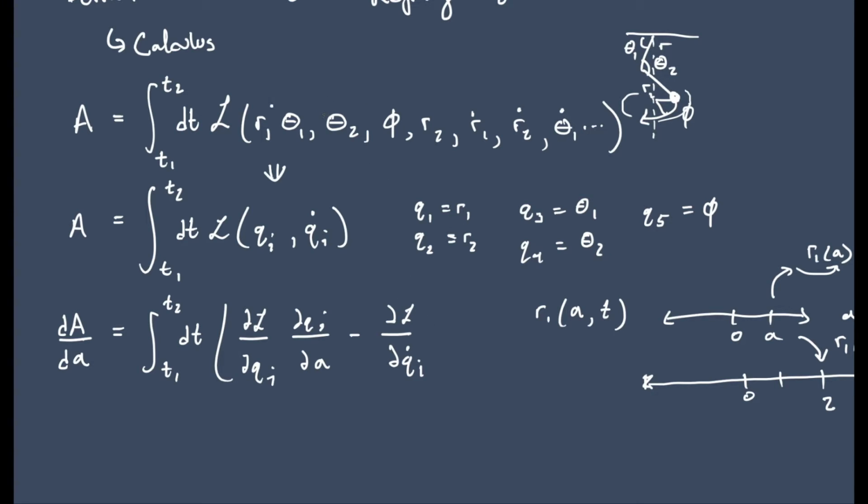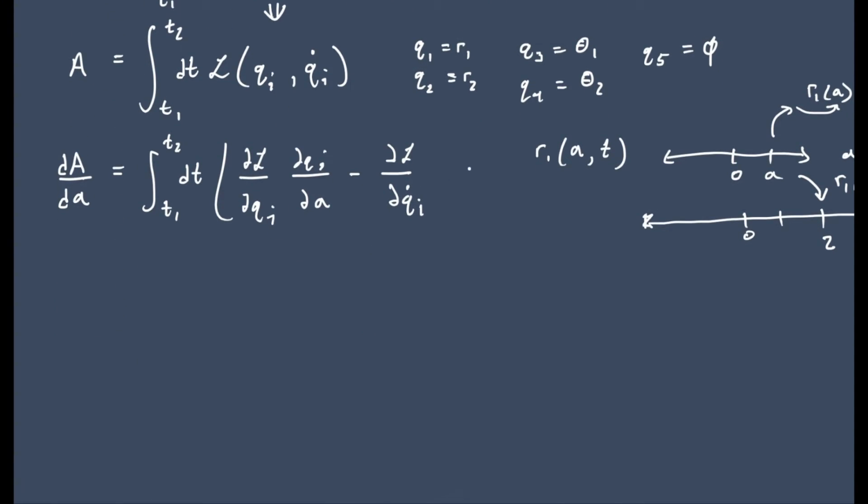Keep in mind that these are all the positions, and these are all velocities, or the rates of change of these independent variables. And then we have dqi dot with respect to alpha, or a.